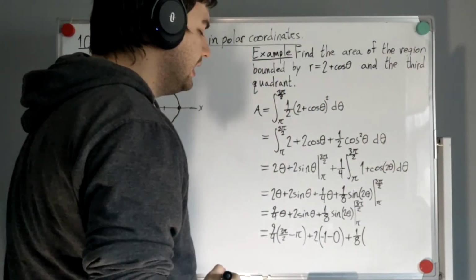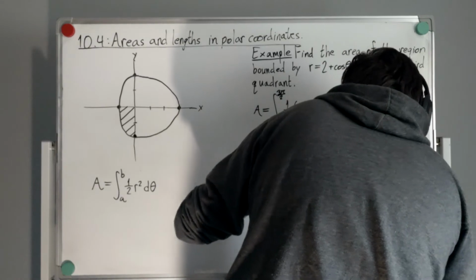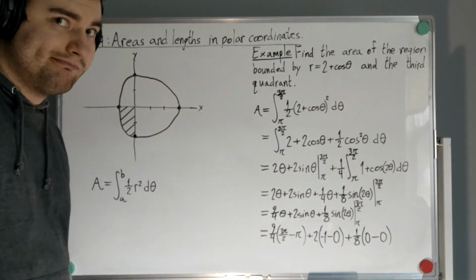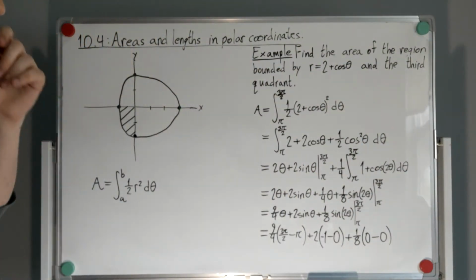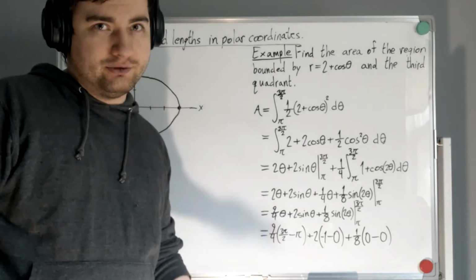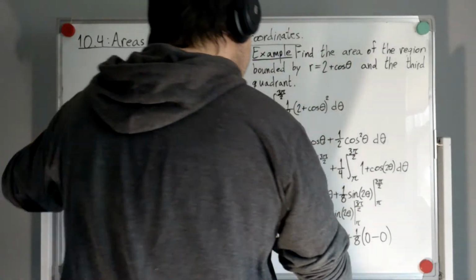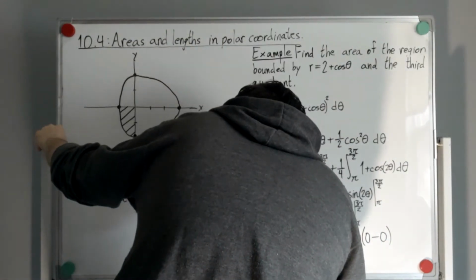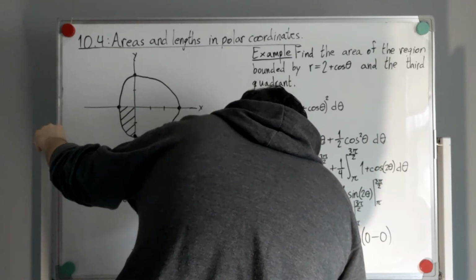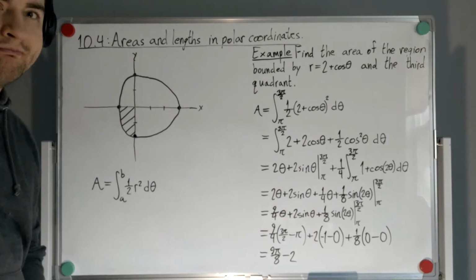The sine of 3 pi is 0. The sine of 2 pi is also 0. So first of all, 3 pi over 2 minus pi is just pi over 2. So this becomes 9 pi over 8 minus 2. So 9 pi over 8 minus 2, and that will be our area.